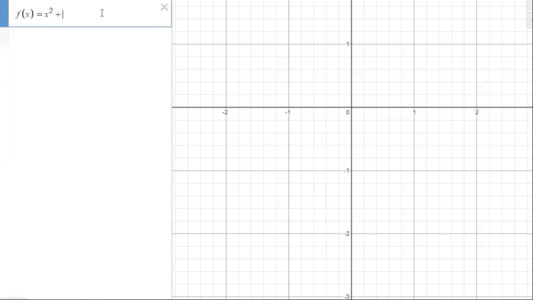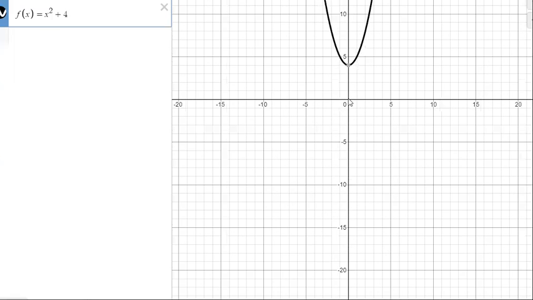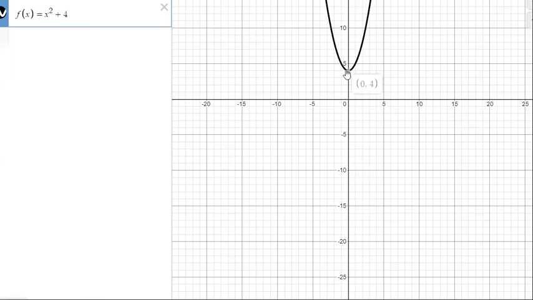So I type it in, and where is it? Maybe I should zoom out. There it is, right there. But does this cross the x-axis? It does not, right? It never crosses the x-axis.